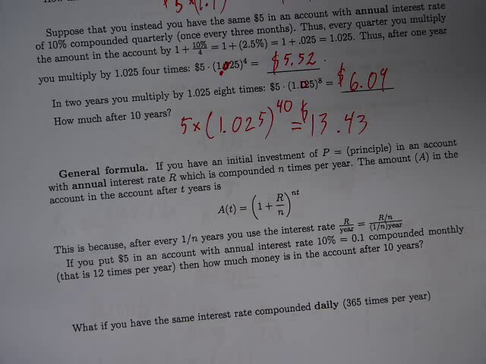It was $5.52 if you compound 4 times per year. Any guesses? It should be better than $5.50, right? You're compounding even more frequently, but it shouldn't be much. I don't know, let's say $5.54. Maybe there's a guess. Let's actually see what happens.